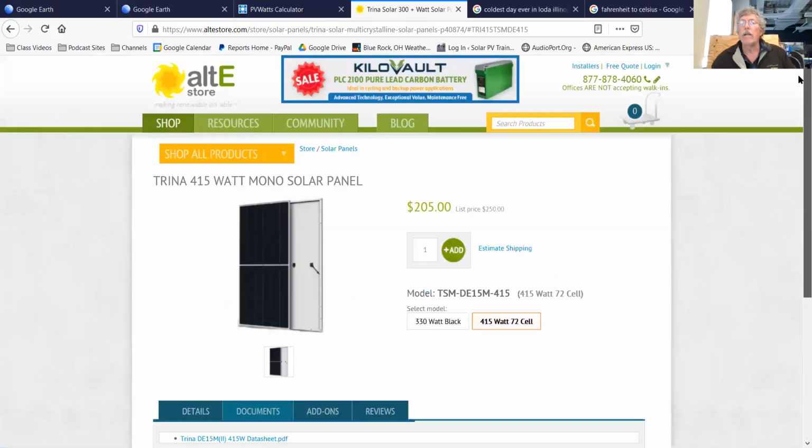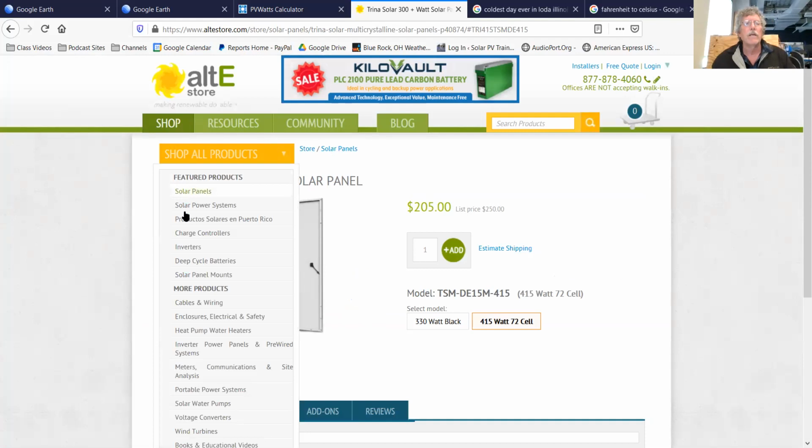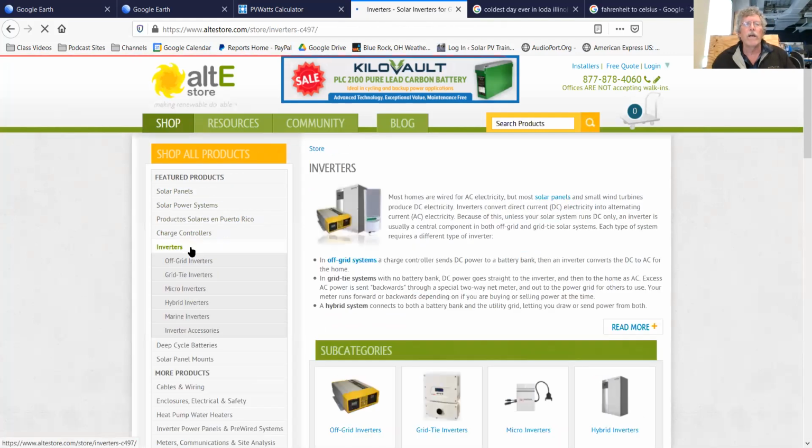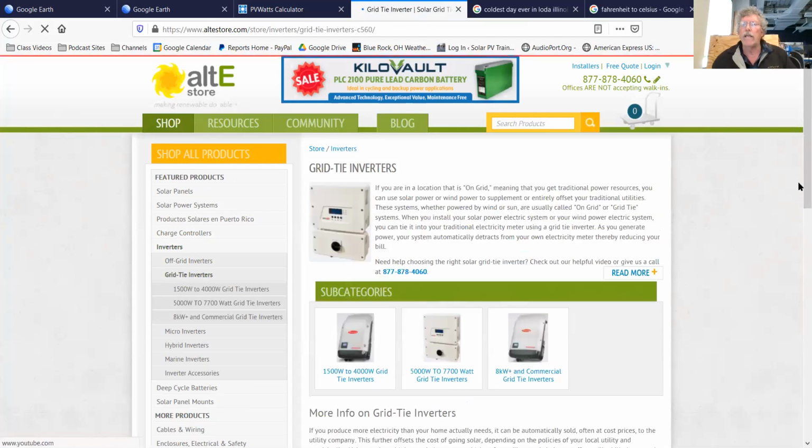I'm going to jump back in just in case that screen share was messed up. And I'm going to look at an inverter because the two things I need first are the panels and the inverter. So I selected my panels. Now I need to go and find what kind of inverter. This is a large system. Remember, it's an 18.3 kW system. And we're going to do a grid-tied system. I'm not going to do any hybrids or anything like that.